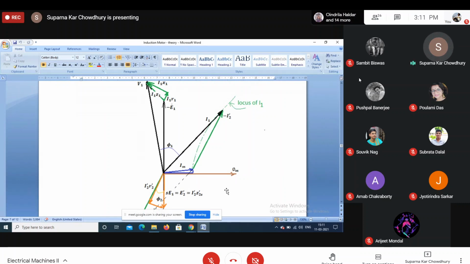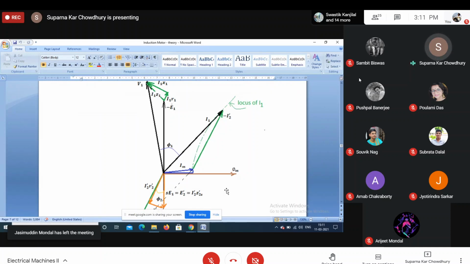What we call is the slip speed. And we have seen that if the supply frequency is f, then at any slip s, slip is defined as the synchronous speed minus rotor speed divided by the synchronous speed. So it is a pure number. If the motor is rotating with slip s, then the rotor quantities have a frequency of sf.